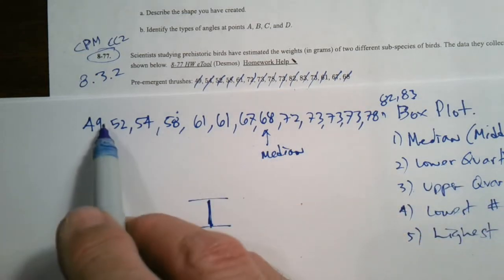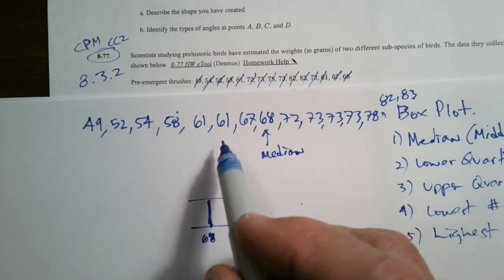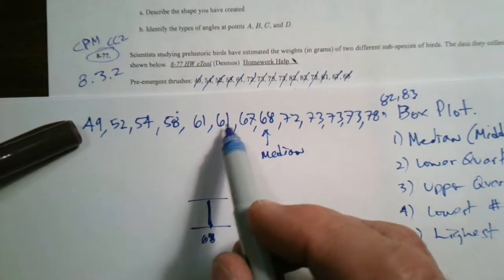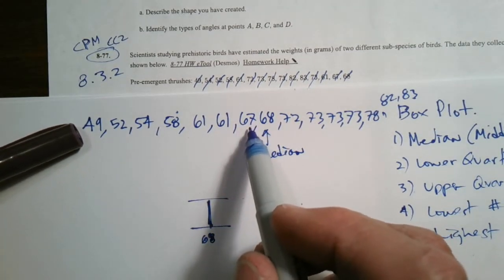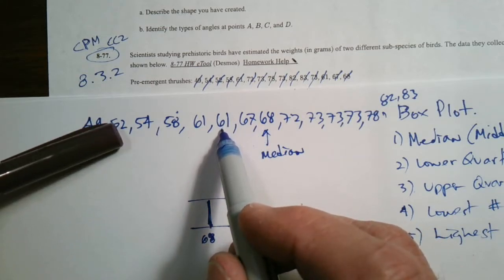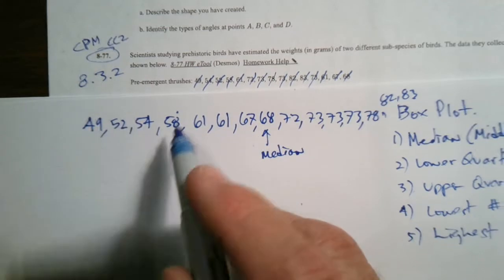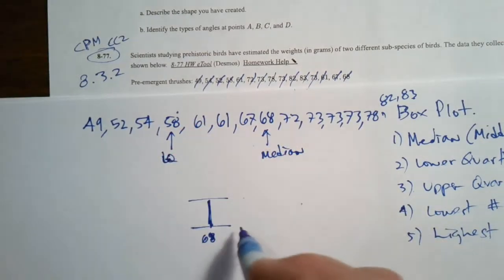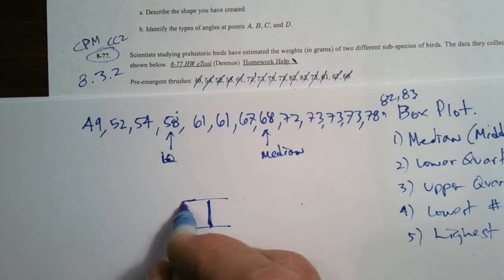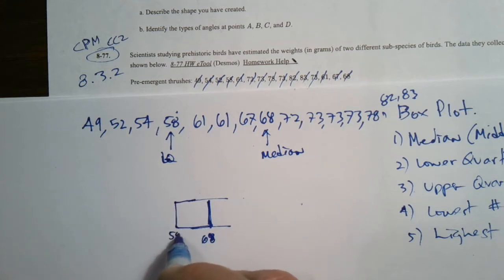Remember, lower quartile is the middle of the lower half of the data. So we'll work our way in there. 1 in, 2 in. Looks like right there, that's my LQ. So that's at 58. So I'll go to here and call that 58.